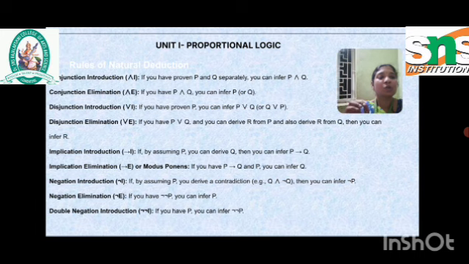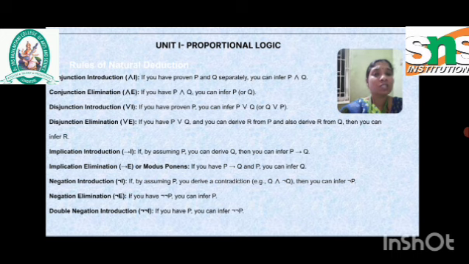These are the rules we are going to use for the purpose of natural deduction. By using these conditions, we will introduce the condition and eliminate the process wherever they occur, and finally we conclude that the following statement is proved according to natural deduction.